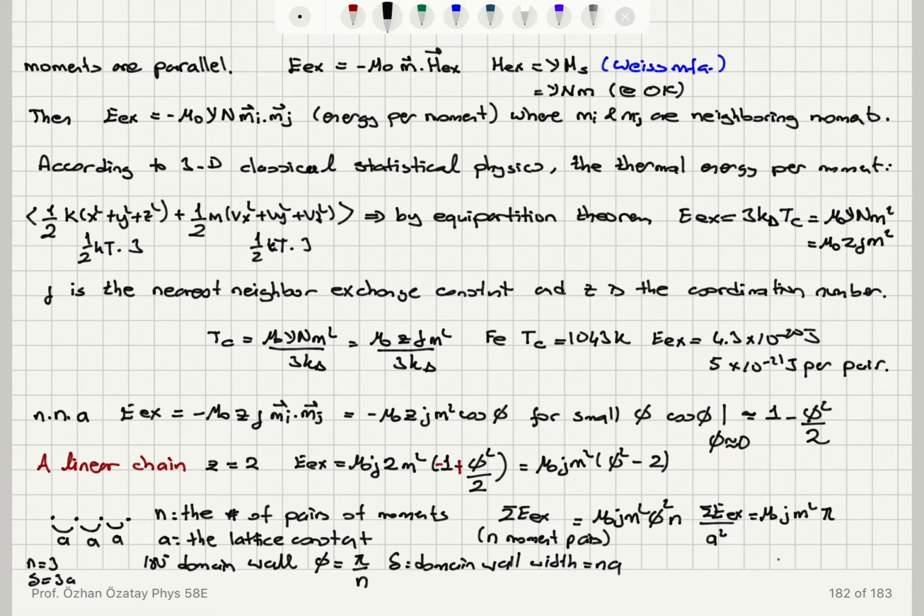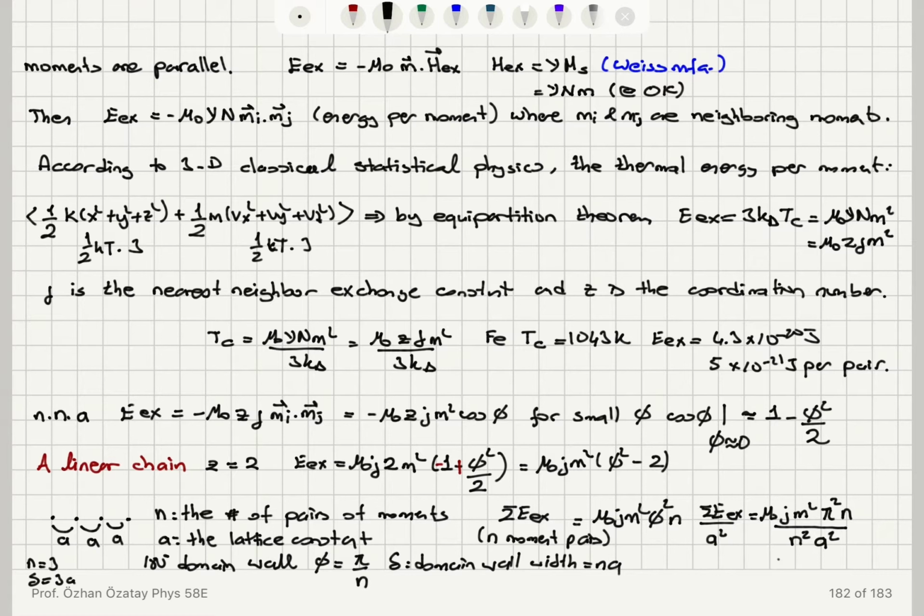For phi, I'm substituting pi over n, so pi squared over n squared, multiplied with n, divided by a squared.